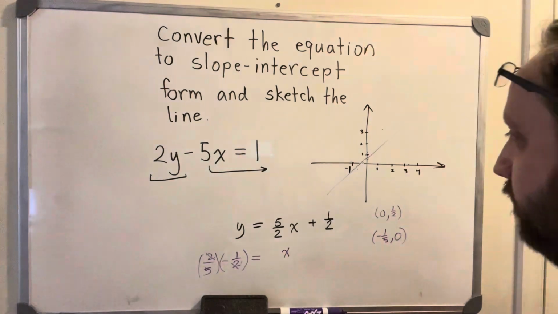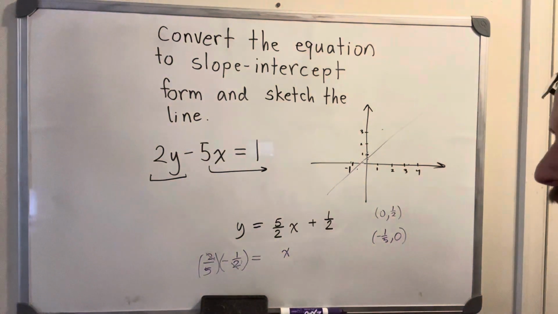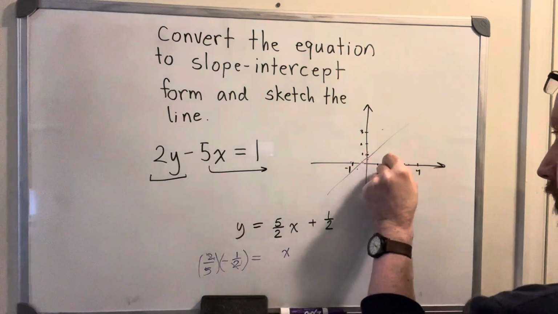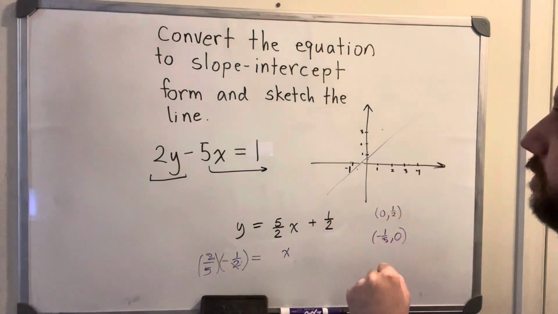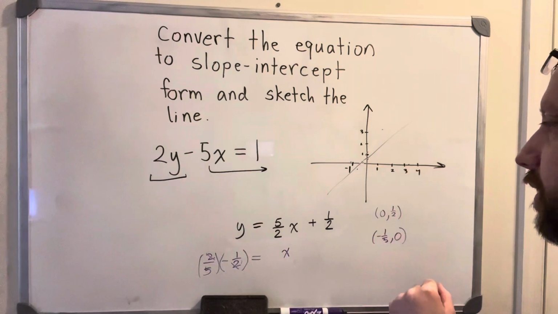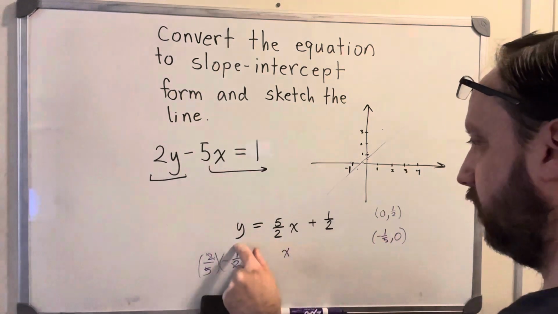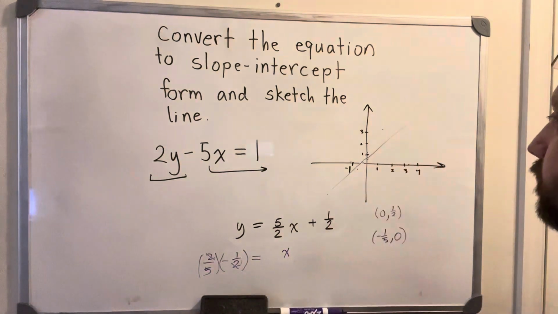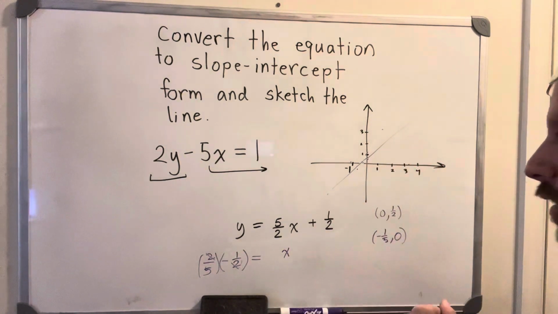We can honestly say that's a very bad sketch. If you had some graph paper and you did it with a really nicer scale, then that would be much better. But anyways, this is the equation in slope-intercept form, and we did a sketch, and that was what the problem wanted.